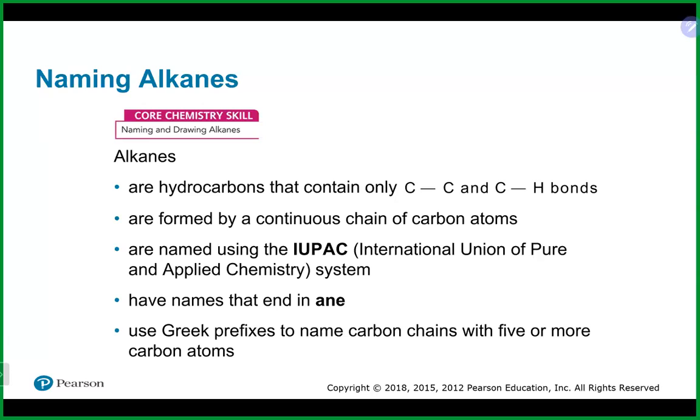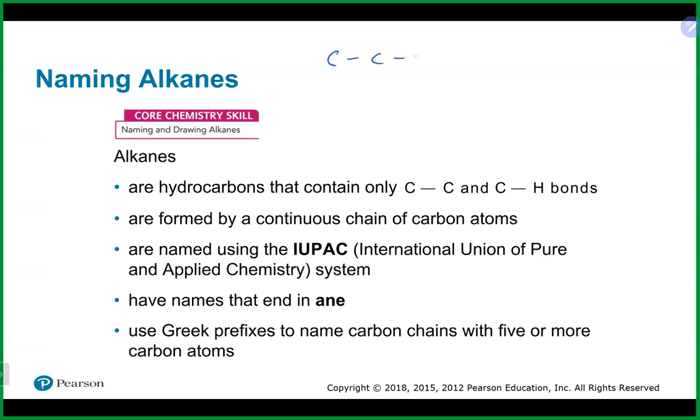So when we look at naming alkanes, they are formed by a continuous chain of carbon atoms, they are named using the IUPAC name, and alkanes will always end in ANE. When we talk about structures in organic chemistry, there are two types of chains we look at.